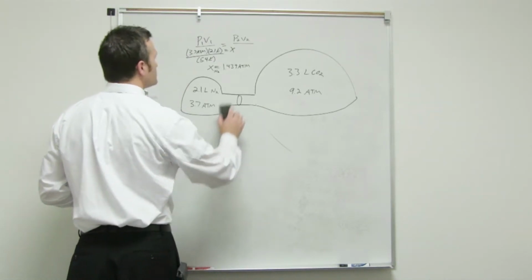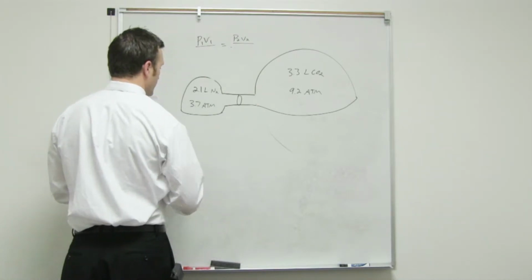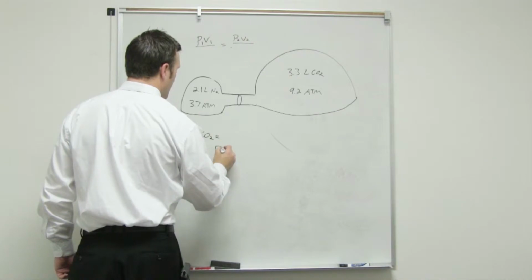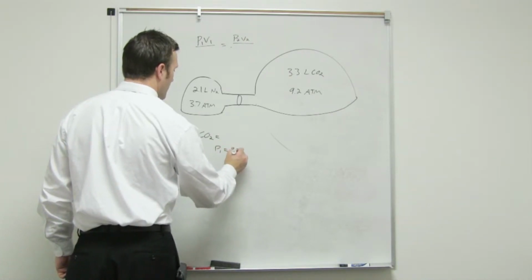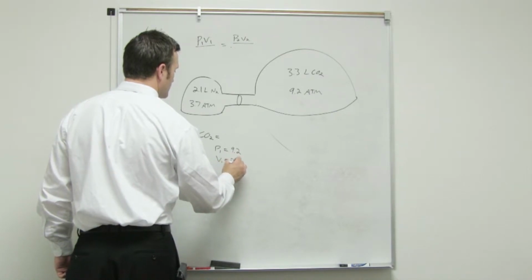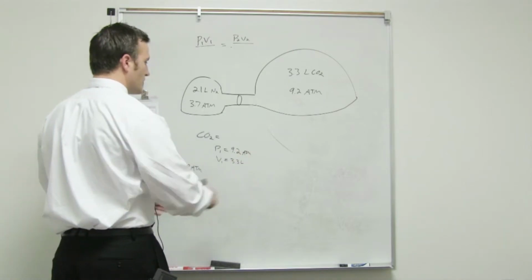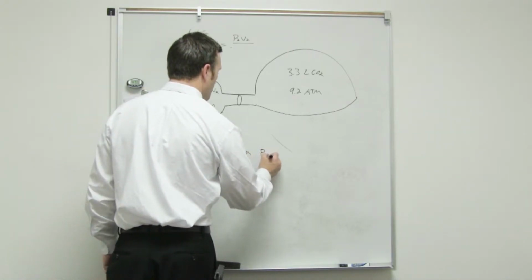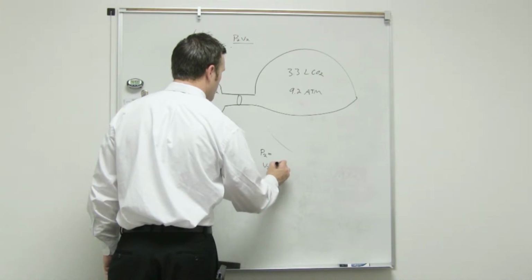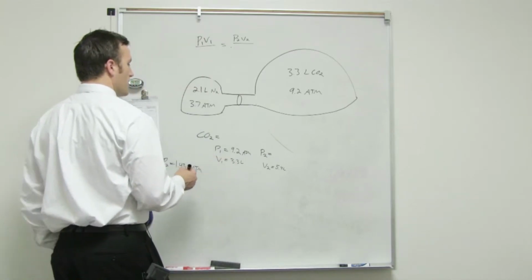Okay. For the CO2, your initial pressure is 9.2. And the volume is 3.3. We don't know P2, right? No. Our V2 is going to be 5.4. So then we'll do the same exact thing.